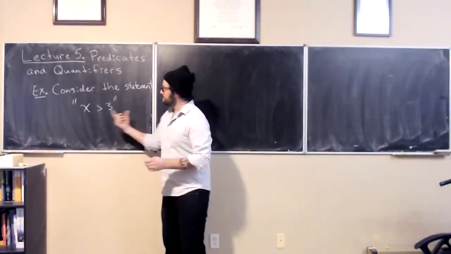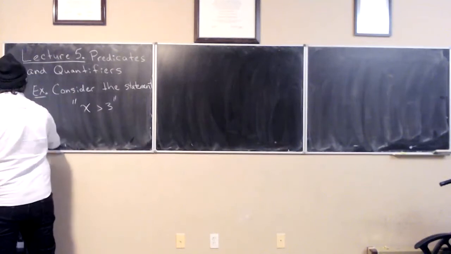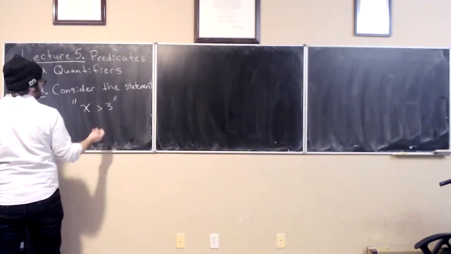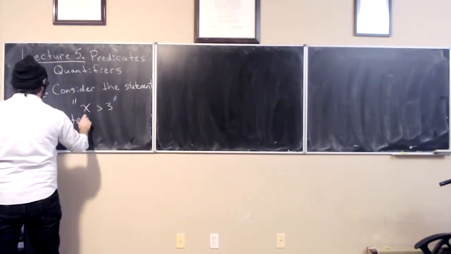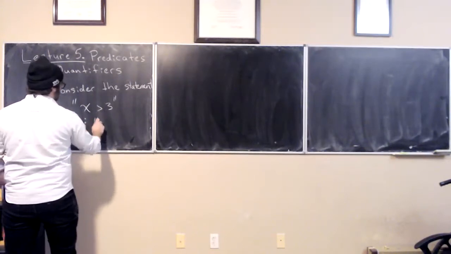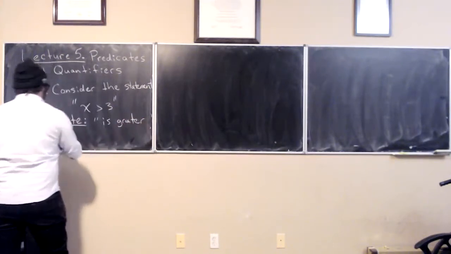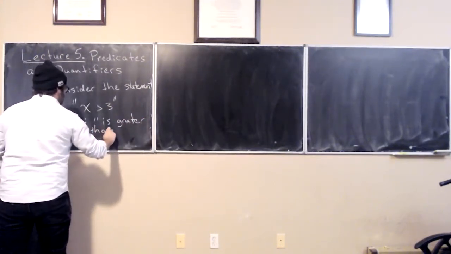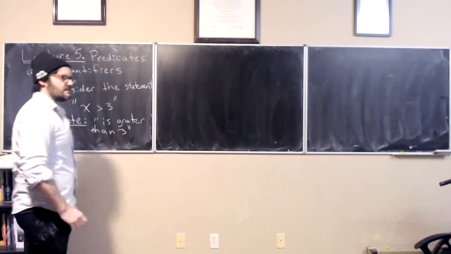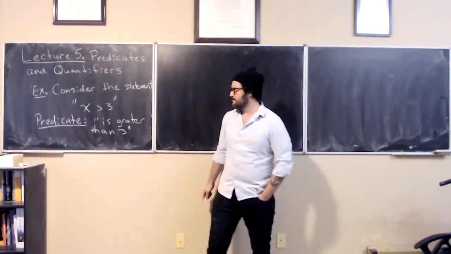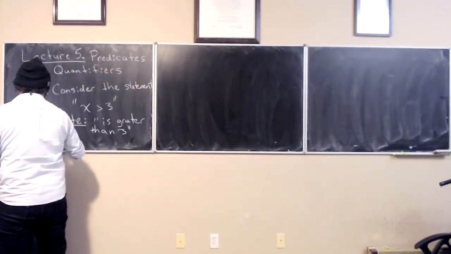So in the statement, the predicate would be, just to say it out loud before I write it, the right-hand side that does not involve the variable. So the predicate would be "is greater than 3." Okay. And the variable would be x. So that's kind of obvious, I would assume.